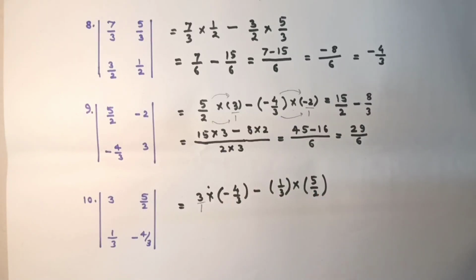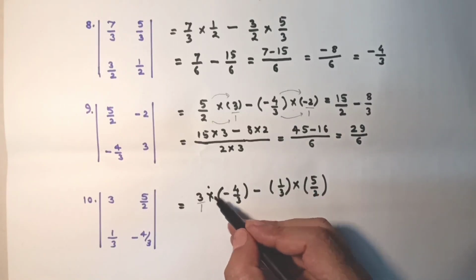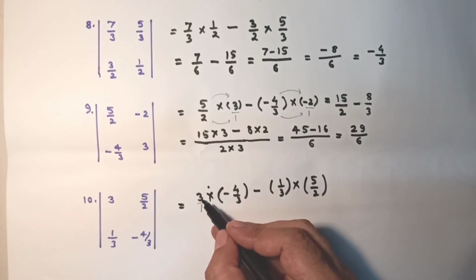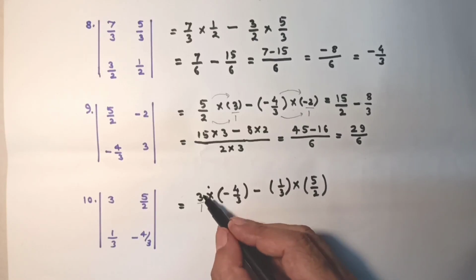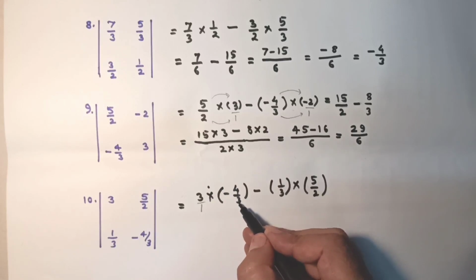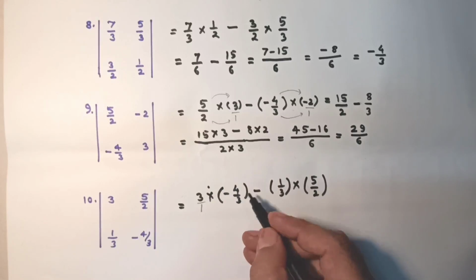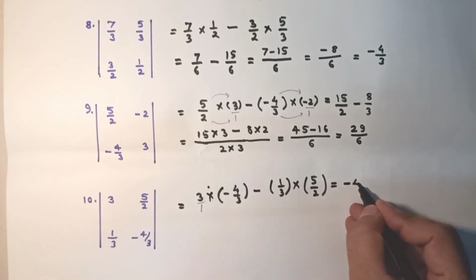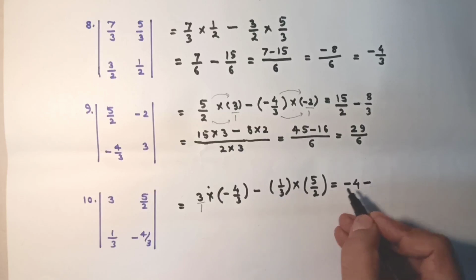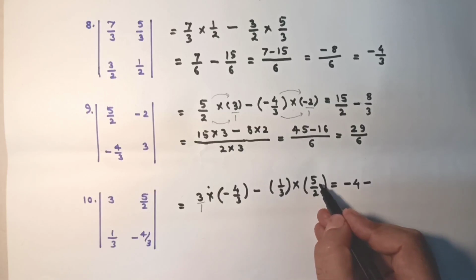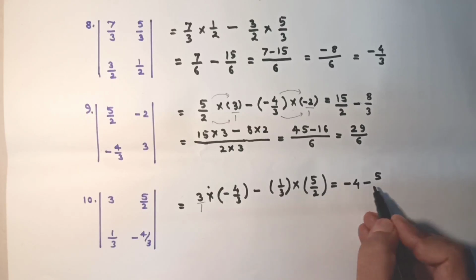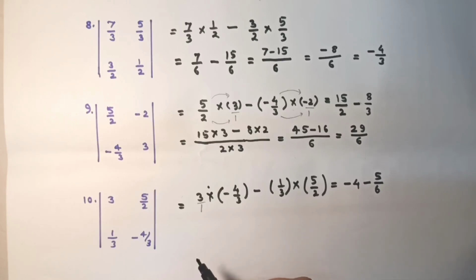So when you multiply, you will get 4 and 3 together, means you will multiply these two. So you will get minus 12 upon 3, or directly you can cancel 3 with this 3. Your answer will be minus 4. Then this minus sign, 1 into 5 is 5 and 3 2 is 6.